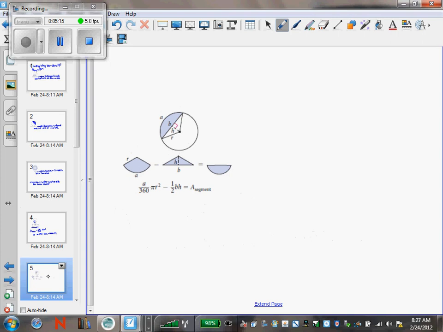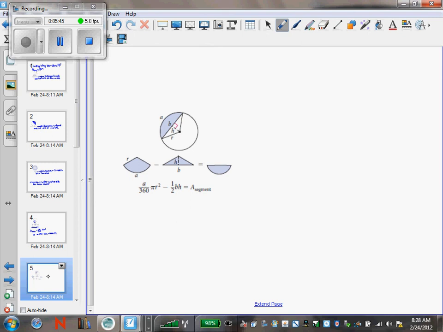The next formula is for the segment of a circle. This is going to be the hardest one. If you look at this picture, you can see that there is a sector of a circle. Then you want to subtract out the triangle, because we don't want the triangle to be part of the segment.